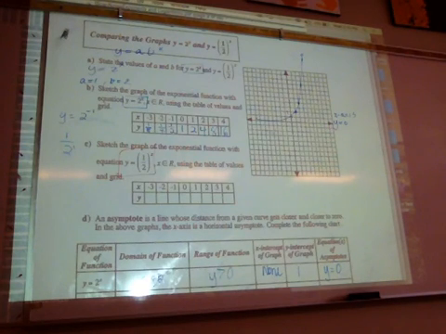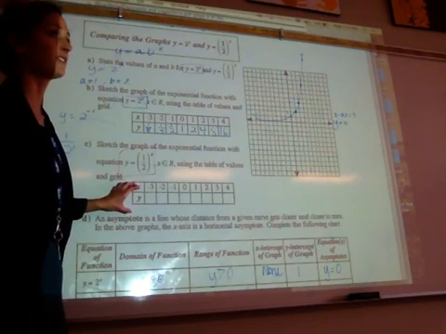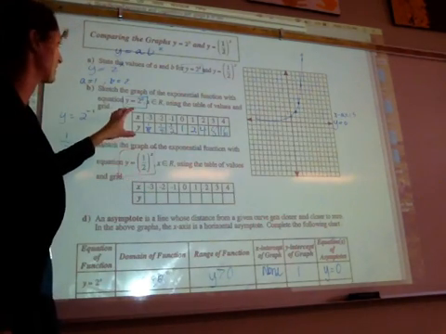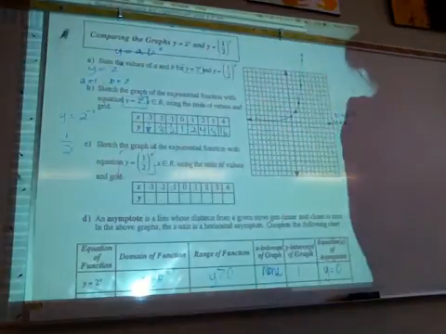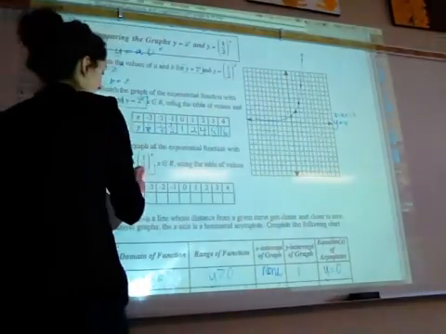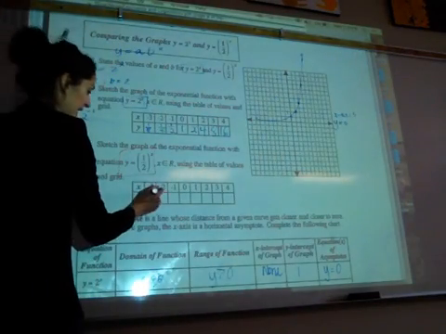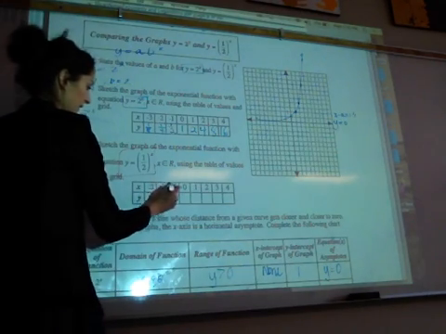Okay, so what are you guys noticing about the table of values of half to the power of x compared to 2 to the power of x? What's happening to the values? Basically opposite, right? Okay, so if I go half to the power of -3, we get 8. Half to the power of -2, 4.